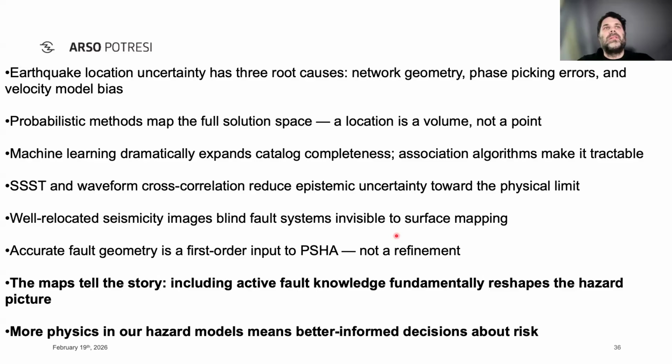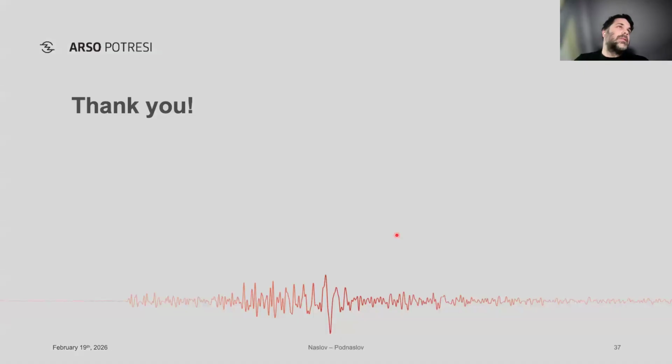So that's why we need to do this kind of thing. If we don't, we will not get the real hazard estimations. We will get lower, or maybe even higher. So we need to get as much physically supported input into our models to be better informed about the hazard and risk. So, okay, thank you.